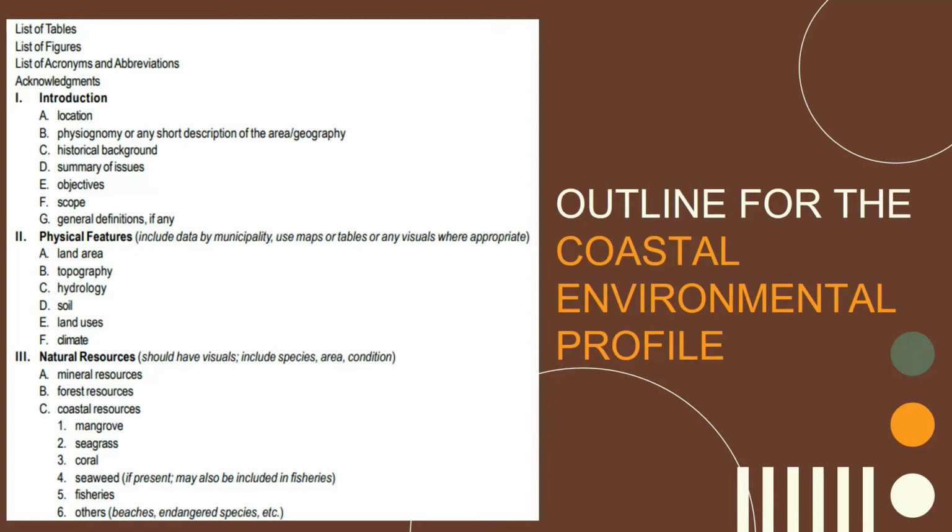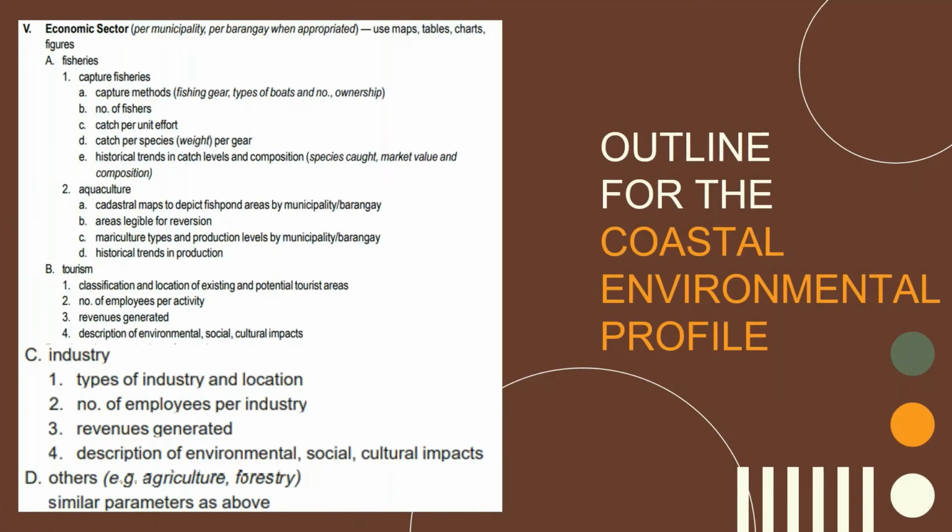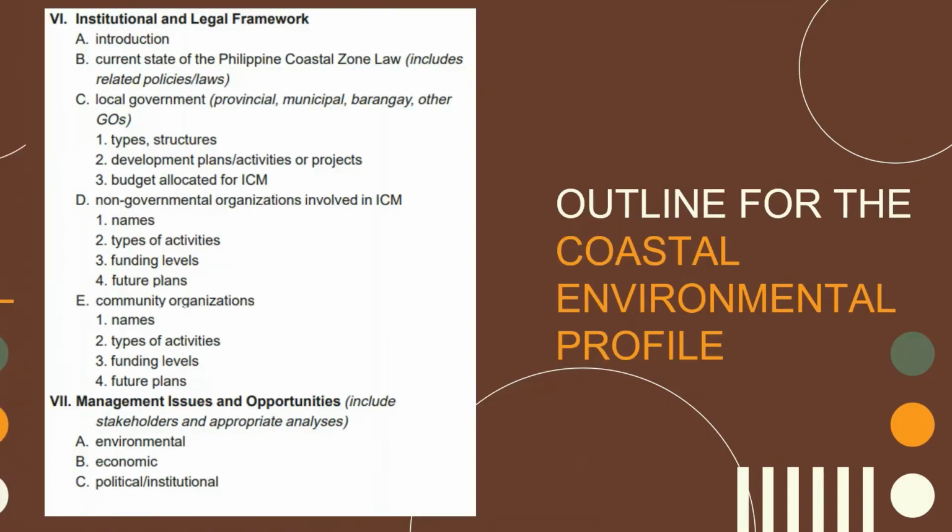Second is the physical features. Next is the natural resources in the area, social political setting. Next, the economic sector, which consists of fisheries, aquaculture, tourism, industry, and others like agriculture, forestry, similar parameters as shown above. And we also have the institutional and legal framework.